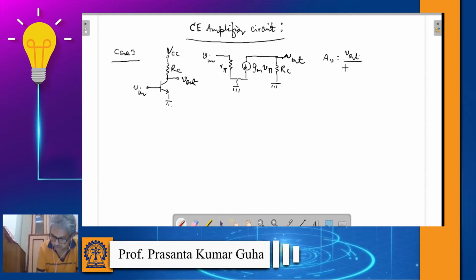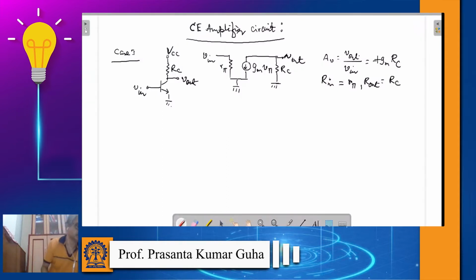We have found out these relations: Vout over Vin, that is basically the gain, which is GM multiplied by RC, okay. We have also learned RE. You remember we showed how to calculate R in, where R in is R pi and R out comes out to be RC, okay.